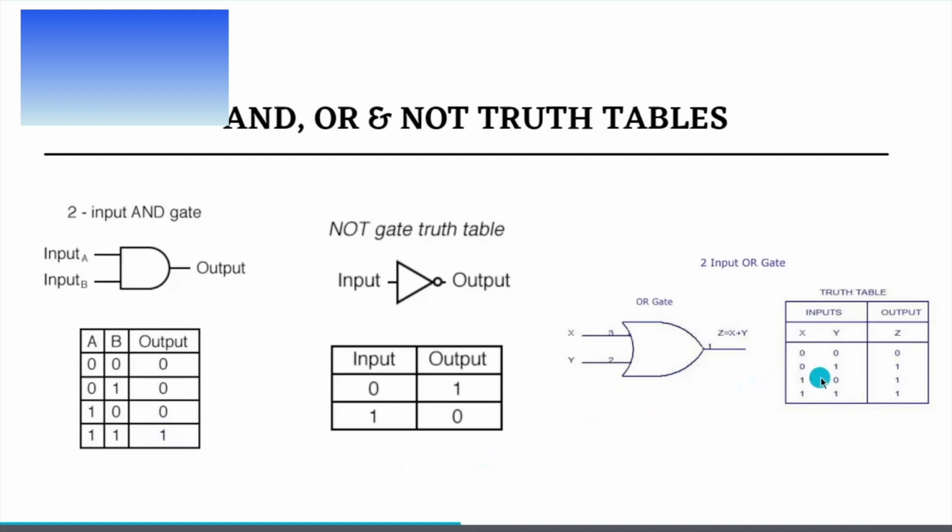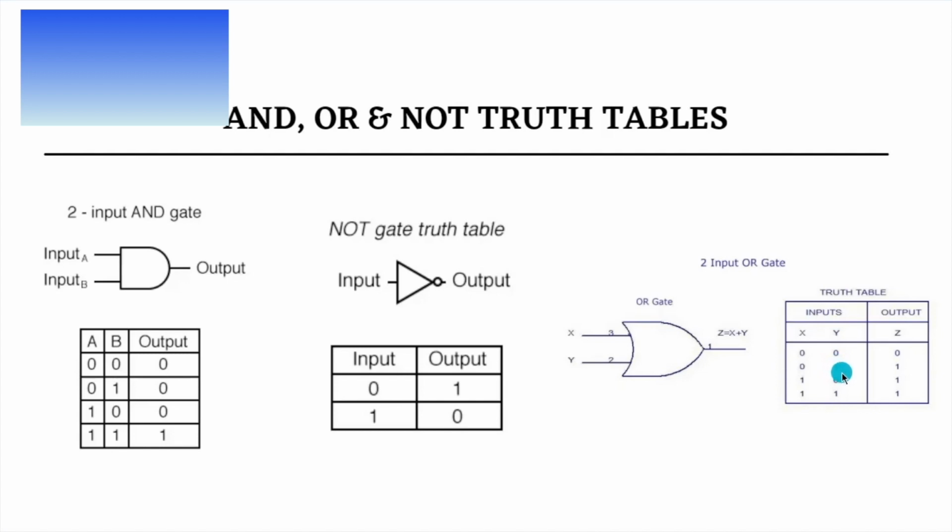In the same way for the OR gate, if any of the inputs is true, the output will be true. See here, if one input is true, then the output becomes true.